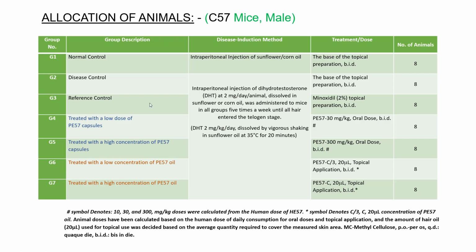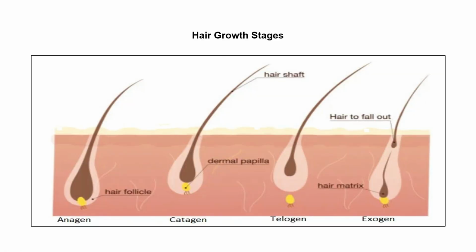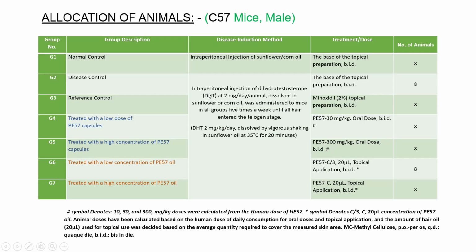Now we will see our allocation of animals, and here we will utilize these hair growth stages. When we start our experiment, the animals are separated into 7 groups.